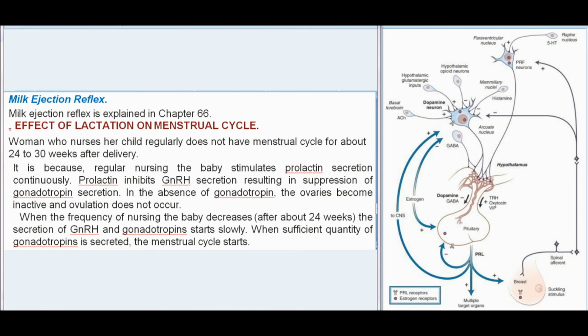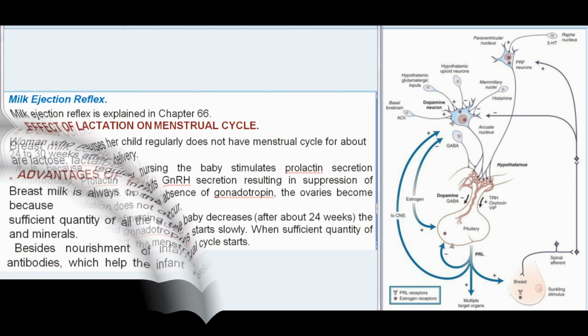In the absence of gonadotropin, the ovaries become inactive and ovulation does not occur. When the frequency of nursing the baby decreases, after about 24 weeks, the secretion of GnRH and gonadotropins starts slowly. When a sufficient quantity of gonadotropins is secreted, the menstrual cycle starts.